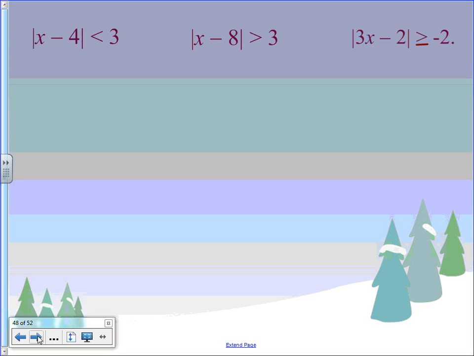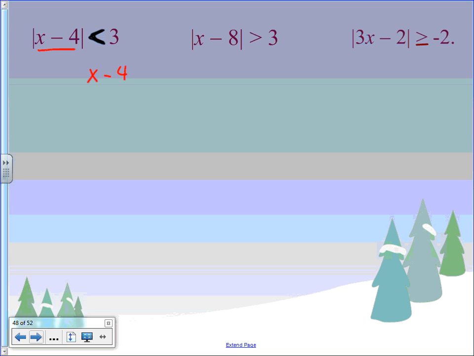All right, please just write down that first problem. Absolute value of x minus 4 is less than 3. This is a less than problem. What we just learned on the last page is that a less than problem is a between problem. So I'm going to take what's in the absolute value, x minus 4.